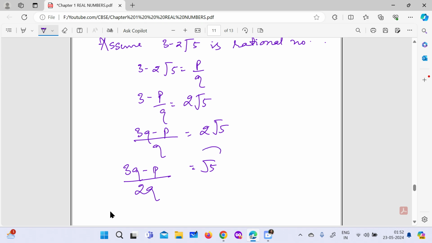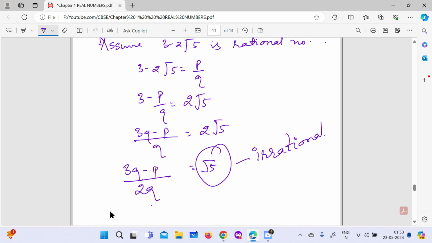Now we know that root 5 is an irrational number, and we have assumed this as rational. So if they are equal, this cannot be rational. This also has to be irrational. But we have assumed this as a rational number.